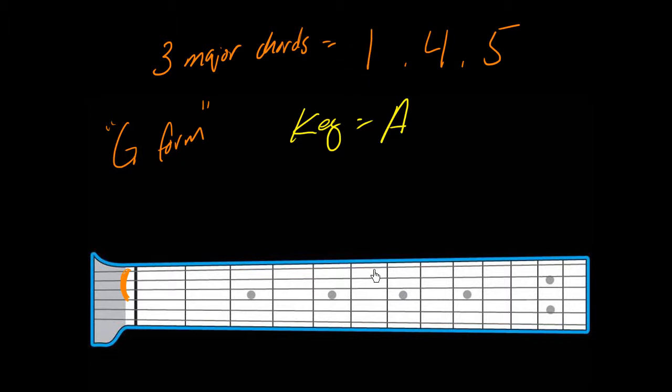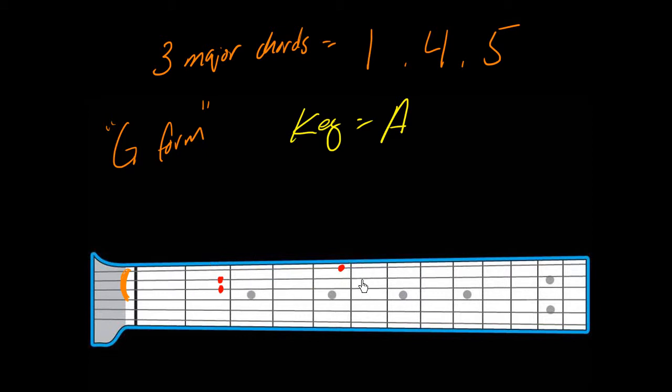So the 1 chord, remember, is here, right in this region. And in the last video, I showed you the 1 chord looking like that, just the 3 strings. But I want to show you one other way of playing this.